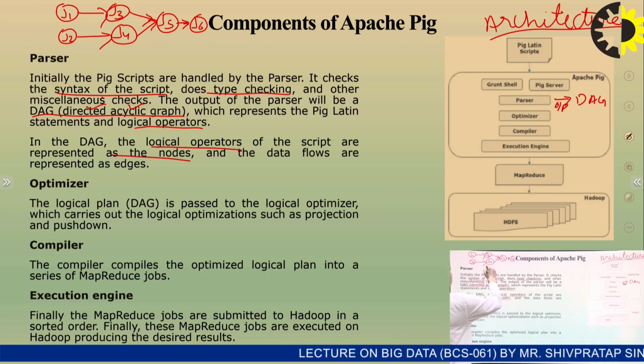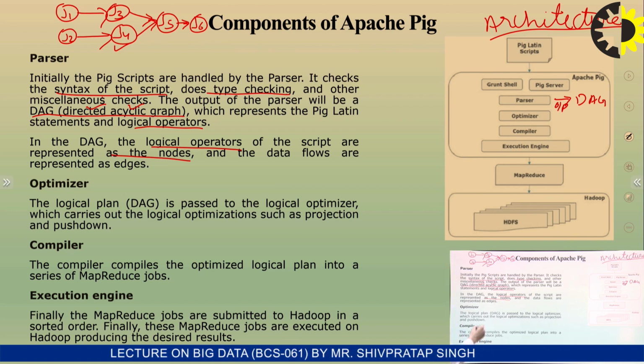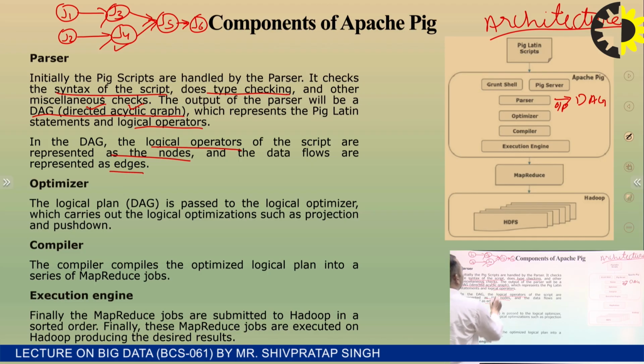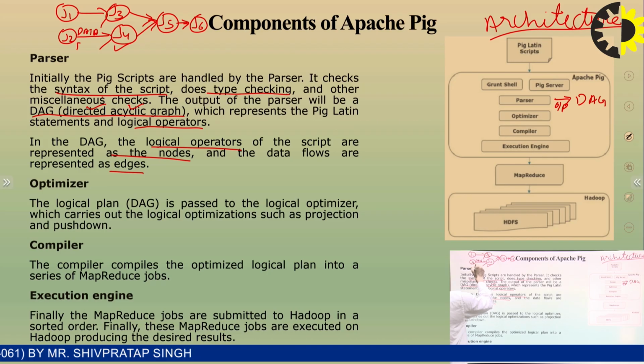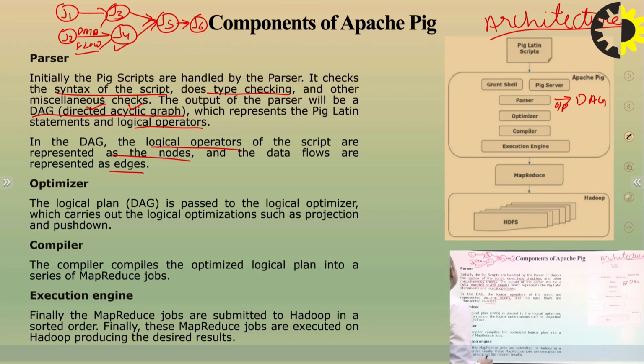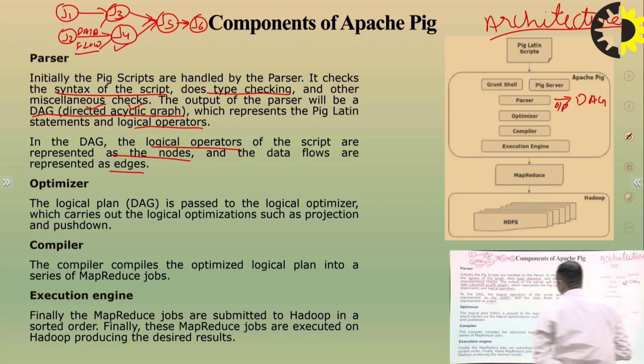So these nodes have logical operators and data flow is represented as edges. So these are the data flow. So we have two components in a graph, nodes and edges. Nodes represent the logical operators and the edges represent data flows. So the output of the parser will be a DAG, or we can say a logical plan.